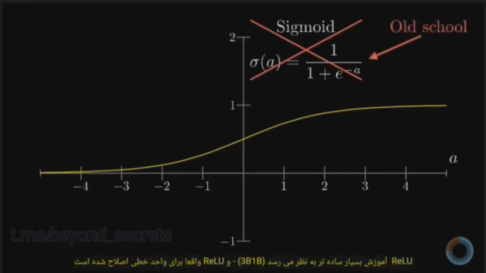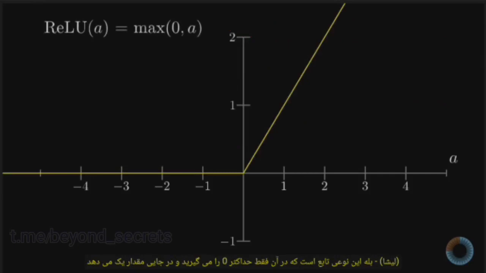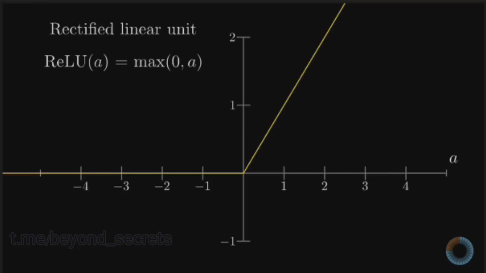Yeah, or rather, ReLU seems to be much easier to train. And ReLU stands for rectified linear unit? Yes, it's this kind of function where you're just taking a max of 0 and a, where a is given by what you were explaining in the video. And what this was sort of motivated from, I think, was partially by a biological analogy with how neurons would either be activated or not.